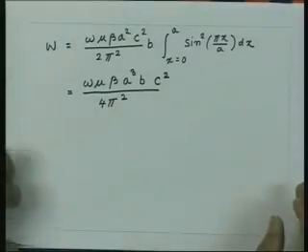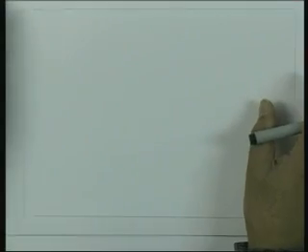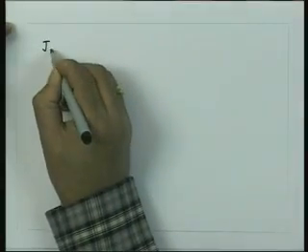So we can get now the current on this wall, the surface current Js at x equal to 0 wall.